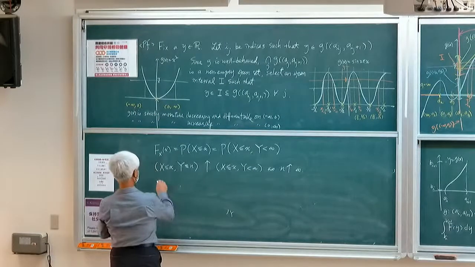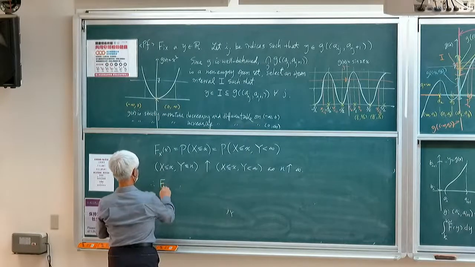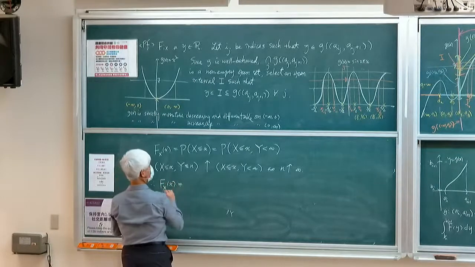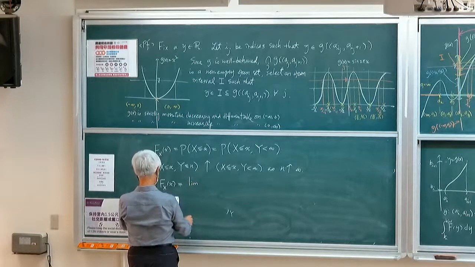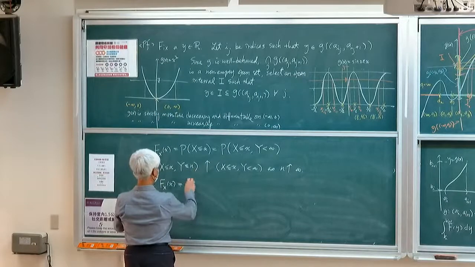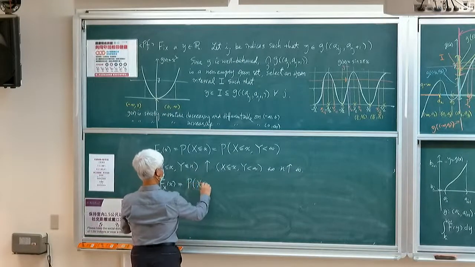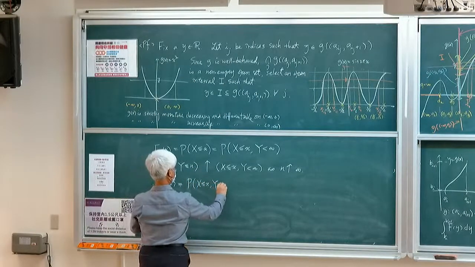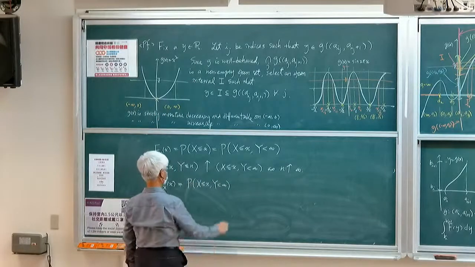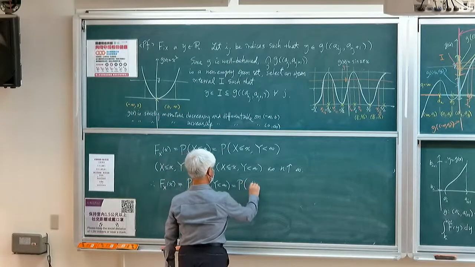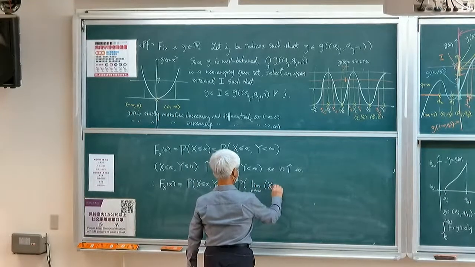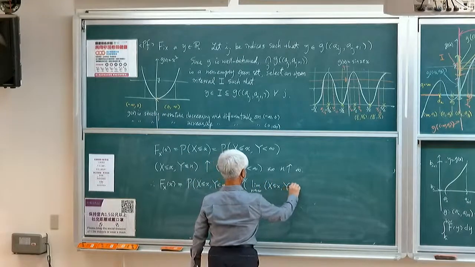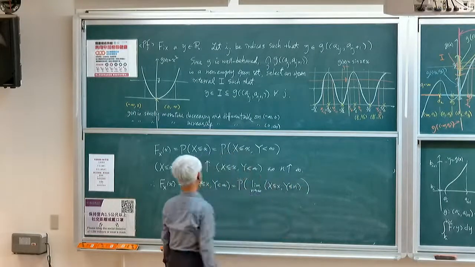Okay, so now by using the continuity of probability function, that would be the probability of x. Okay? And so this is the probability of the limit as n goes to infinity.